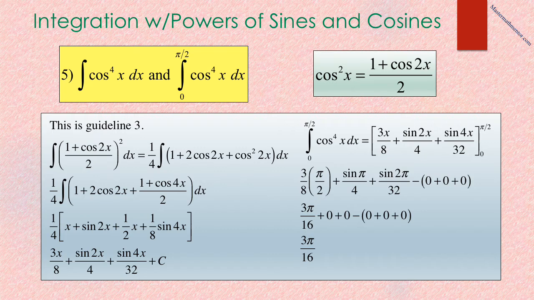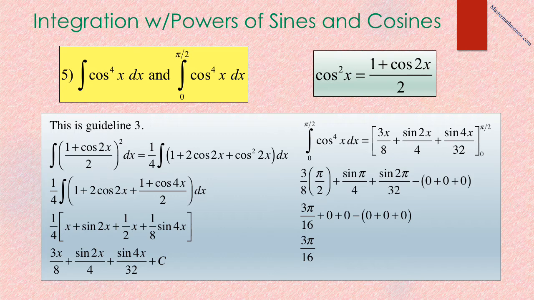So, when we perform the integration, we are looking at 4 different expressions. So we have 1/4 times the quantity x plus sine of 2x plus 1/2 x plus 1/8 sine of 4x.